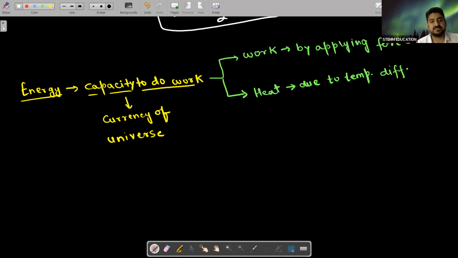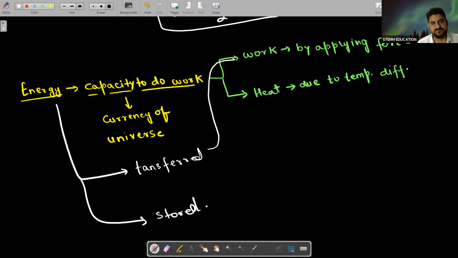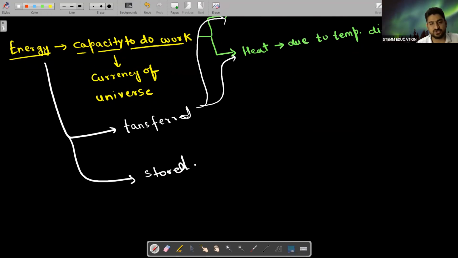After having an understanding of it, energy is also characterized by whether it is transferred or whether it is stored. So the transferred energy can have two modes of energy transfer. One is work and another one is heat. And the stored energy is also of two kinds.